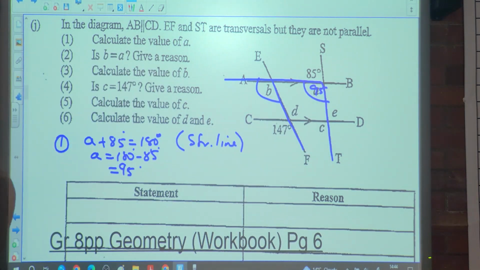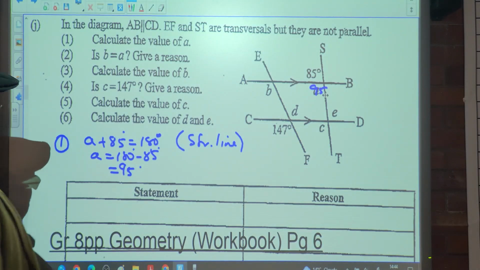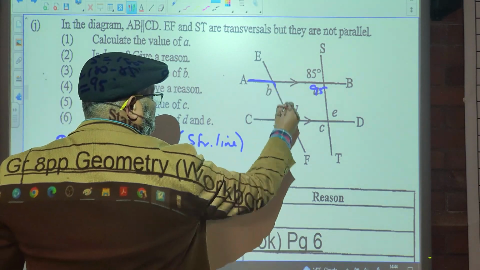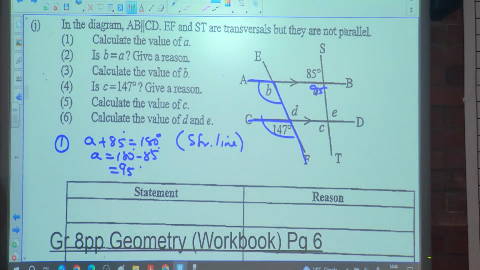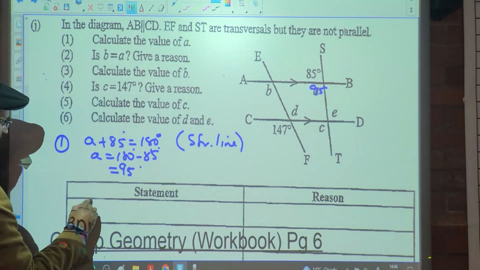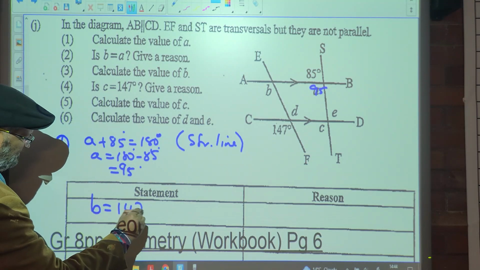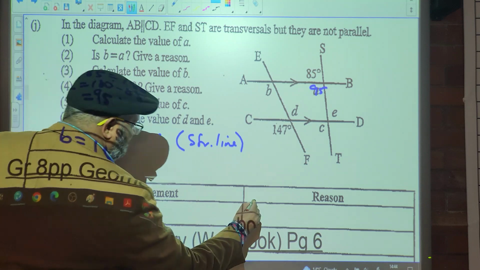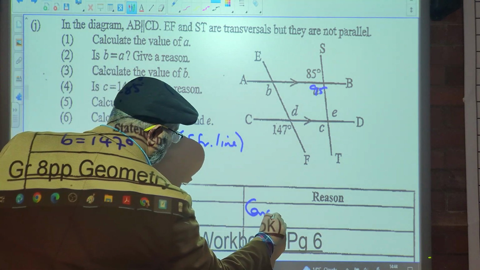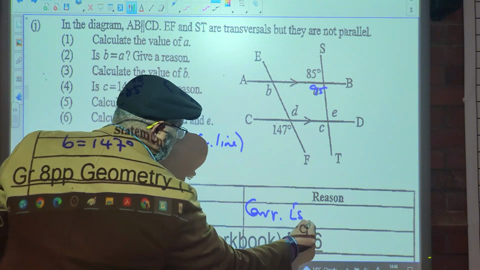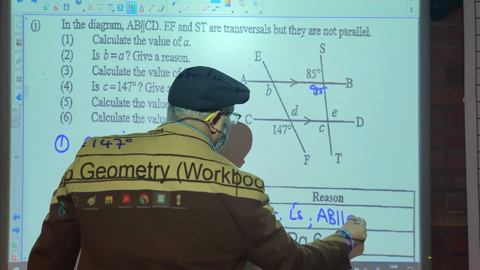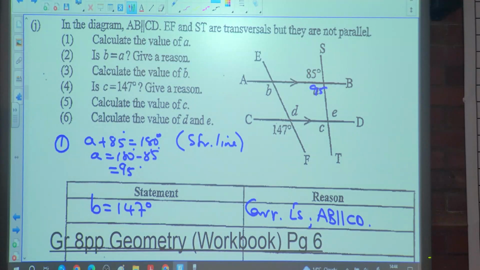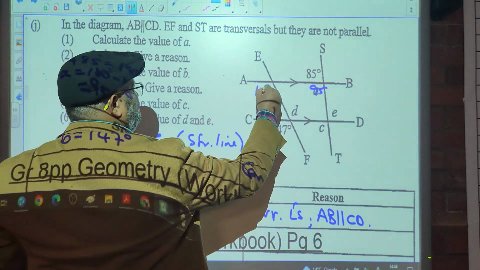So if we say it lies this way, B is 147 degrees. Reason: corresponding angles with AB being parallel to CD. That is 147.